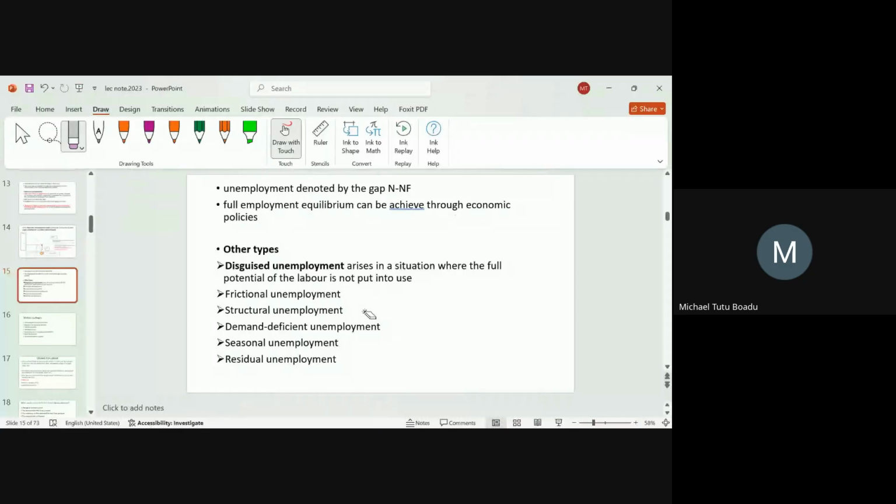And then the structural unemployment is as a result of changes in the economy, the whole economic system. If the methodologies and approaches you are using in production have changed to a new way, then you need a new set of knowledge to be able to carry on with production.